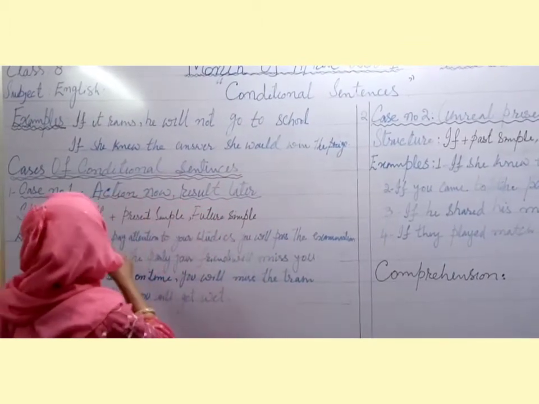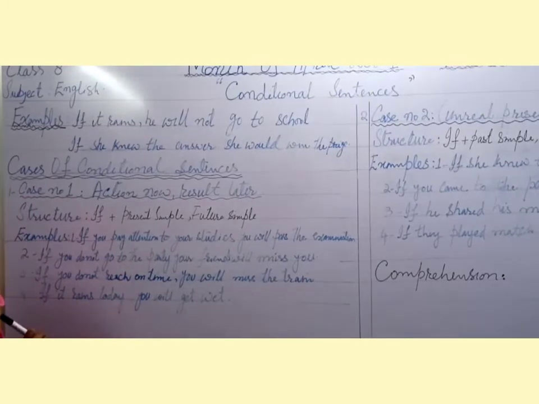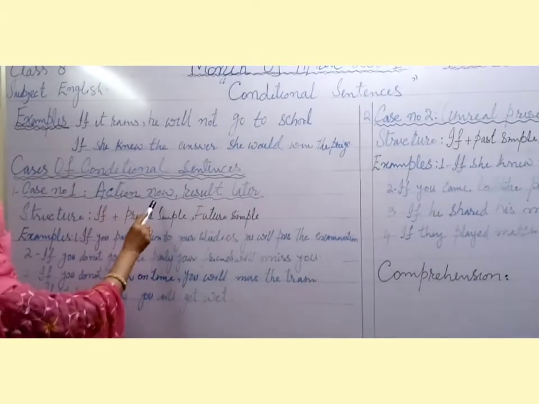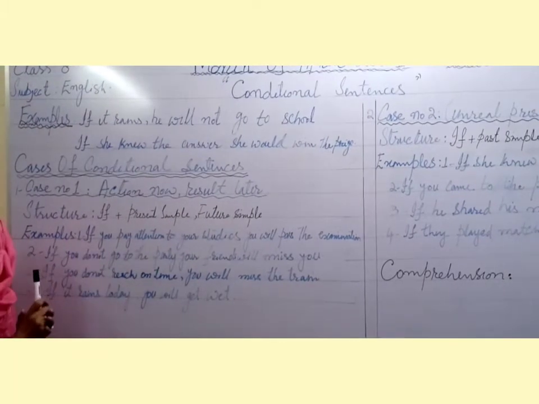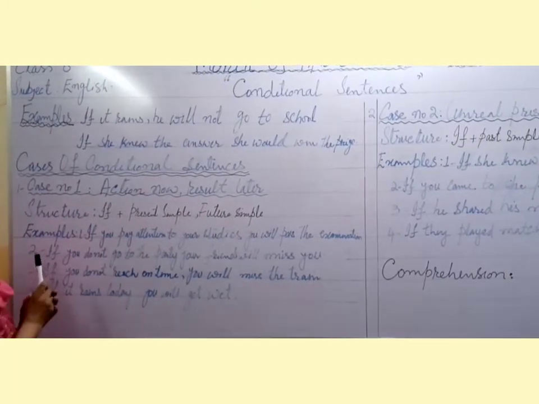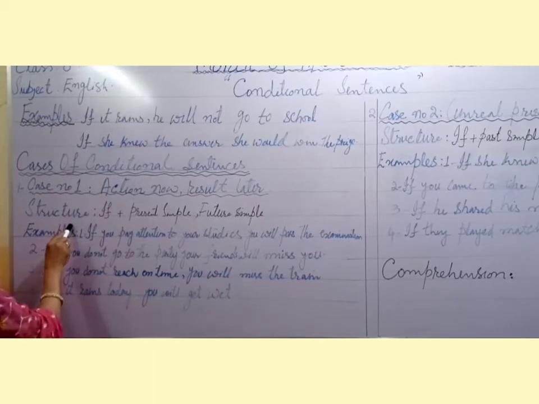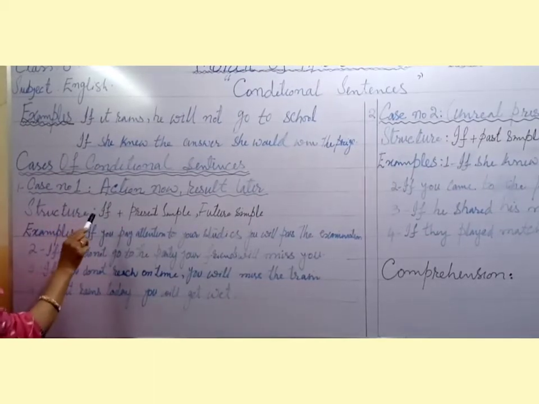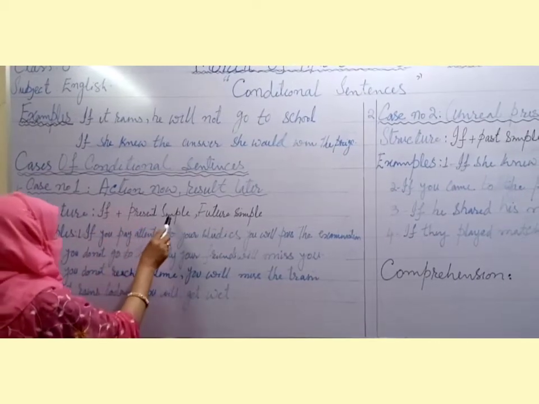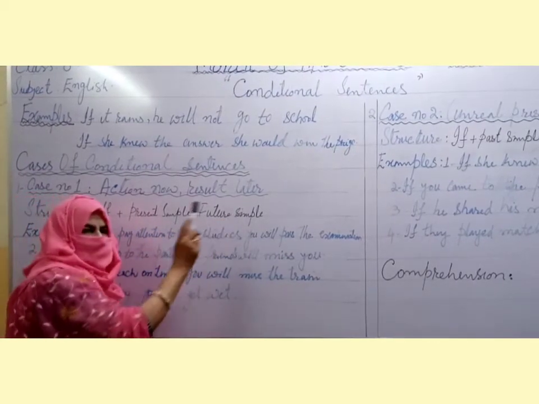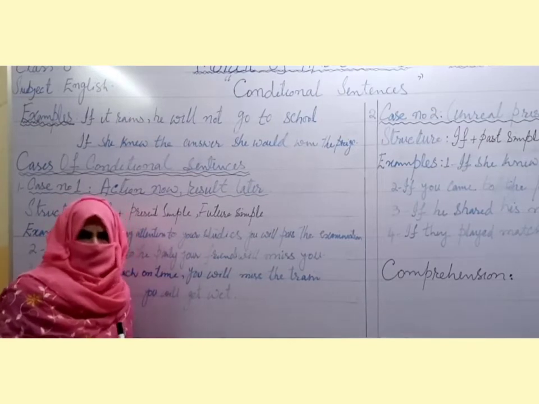Let's come to case number 1, action now, result later. How will you make this sentence? Look at the structure. In this sentence, you will write if, then present simple, and future simple tense will be used here.